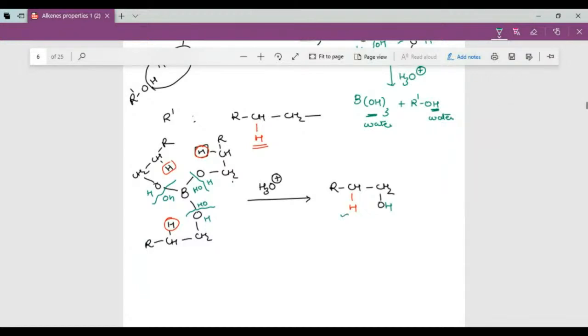Correct? This came from B2H6. This came from solvent during oxidation. Oxygen came from H2O2. So this is our overall arrangement.